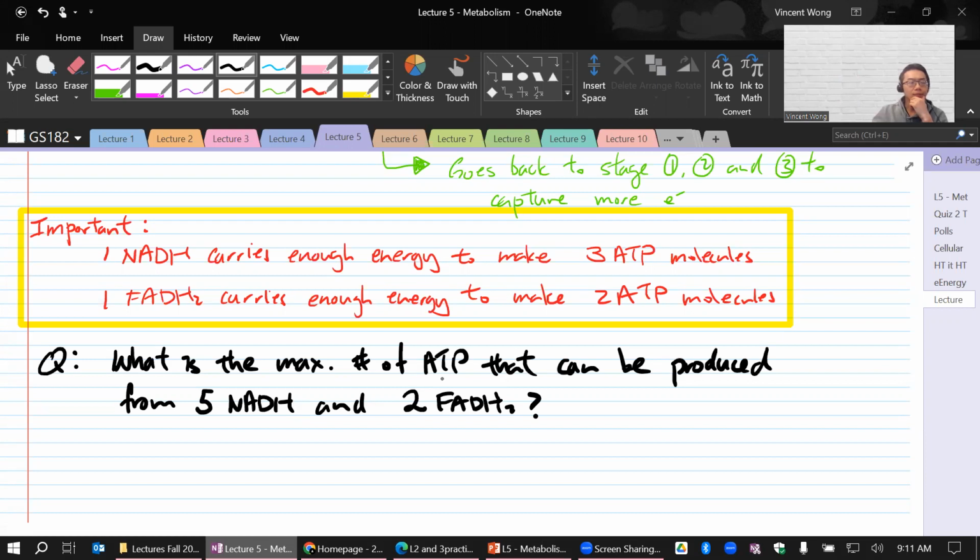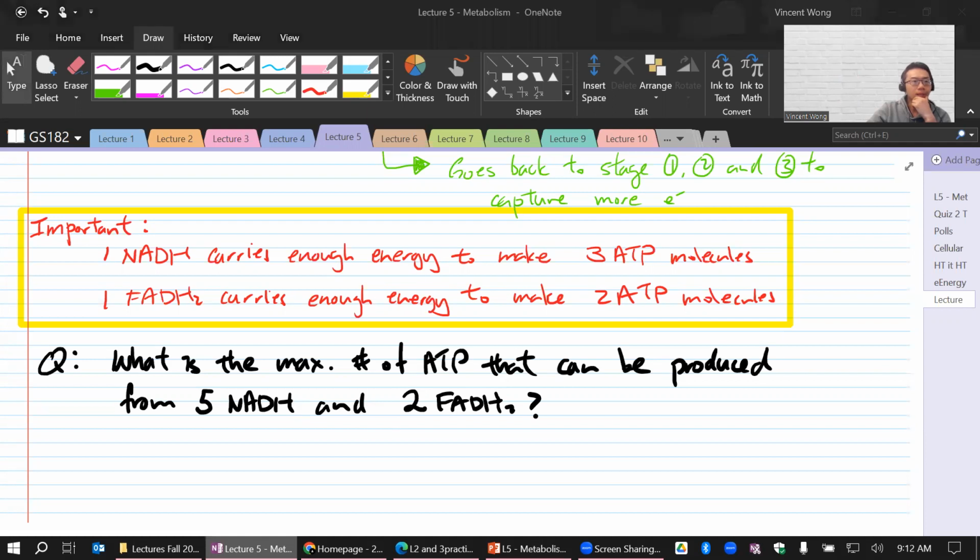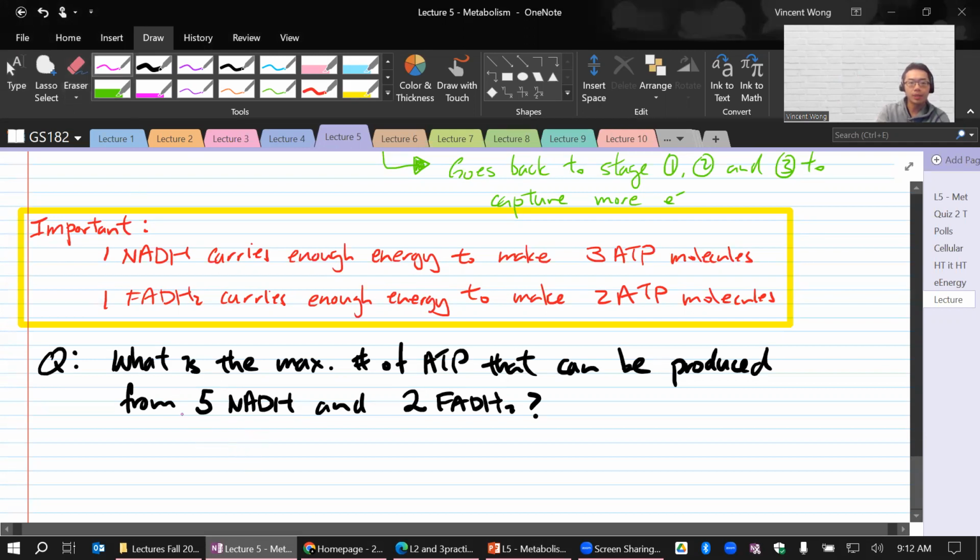Okay, great. I have a lot of people who entered something. It looks like you guys got it right. I guess some of you are still working on it, but this is what we do. We have 5 NADH. Each NADH can produce 3 ATP. So if I have 5, I multiply by 3, right? 3 ATP per NADH, that's going to be 15 ATP.